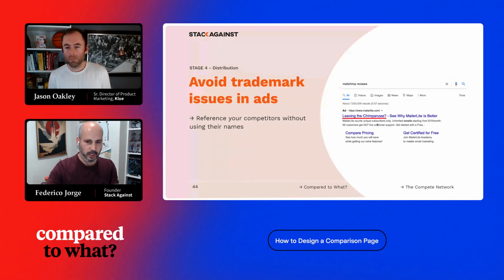You can use those keywords and put your comparisons in front of somebody that is searching for those keywords. But in the ad, in the creative, don't use their branded names. Don't use MailChimp in this case, because you can get in trouble there. Or even if it is not trouble, you're going to get your ads taken down because chances are MailChimp is already trademarked and added to the Google database, and your ads are not going to be approved.